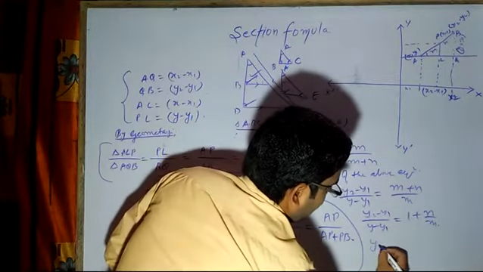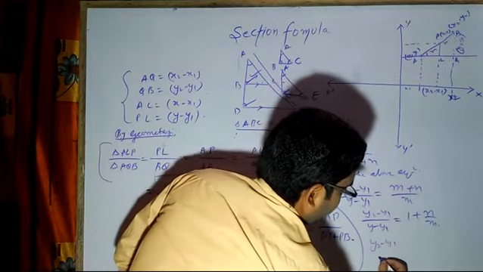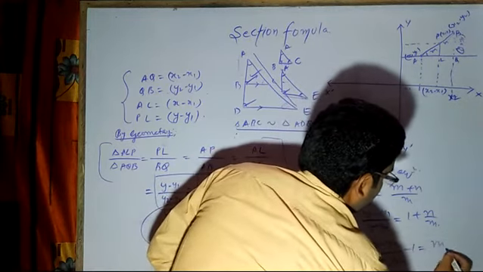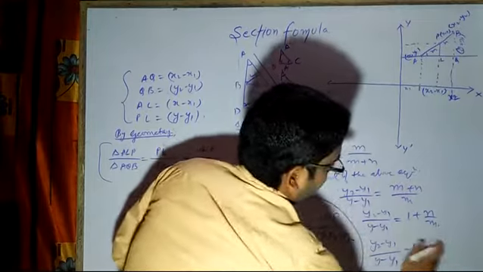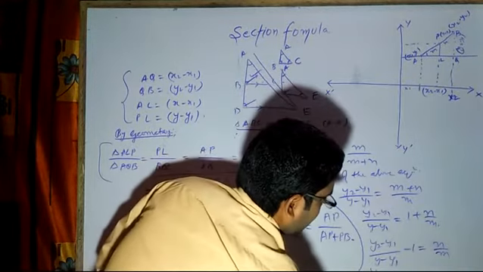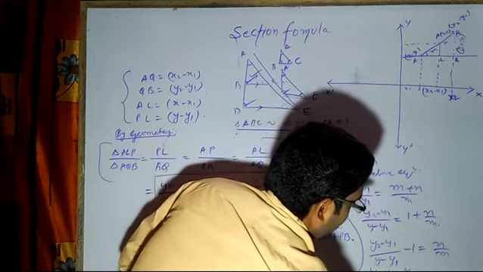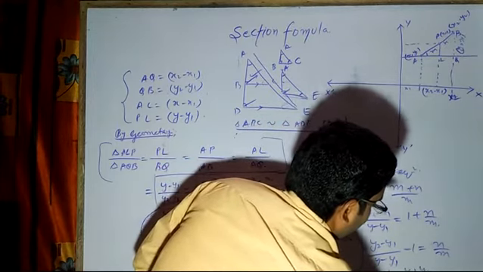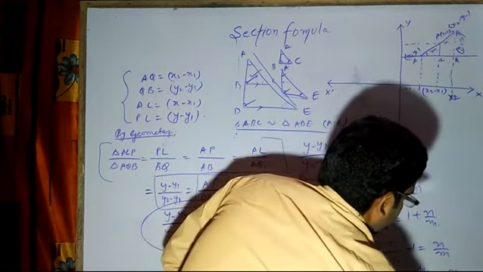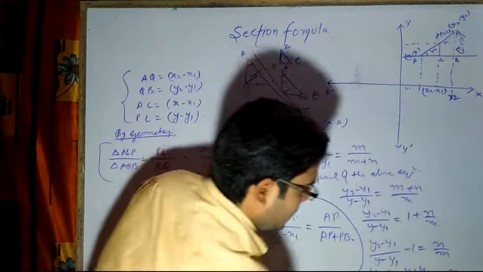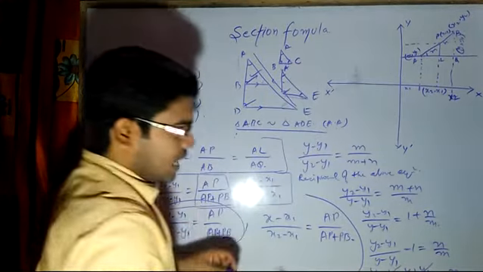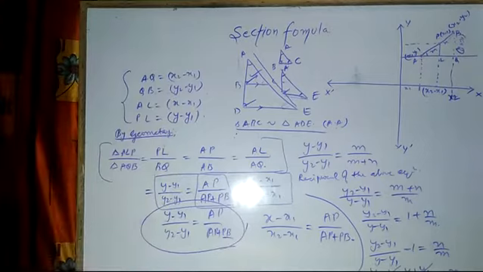So finally I will be having y2 minus y1 upon y minus y1 minus 1 is equal to n upon m. Take the LCM, you will get y2 minus y1 minus y minus y1 whole divided by y minus y1 is equal to n by m. So from here you will be having plus y1 minus y1 will get cancelled. After this, let me clean the board.